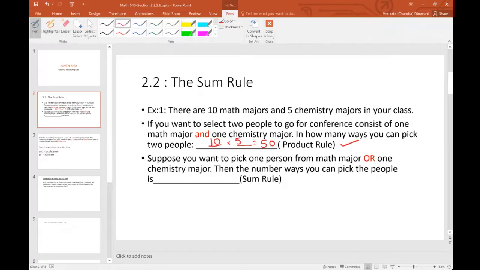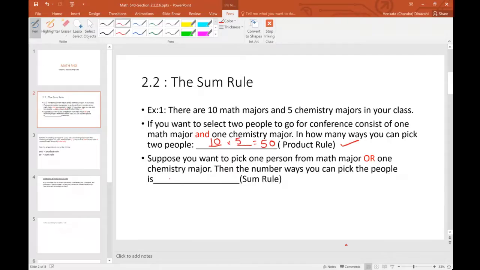Now I'm going to tweak this a bit. I'm going to change "and" to "or". That's all I'm doing. Now you want to pick one chemistry major or one math major, anybody, you don't care, but you want either one math or one chemistry. How many ways can you do that? Once I change "and" to "or", the problem goes from the product rule to the summation rule.